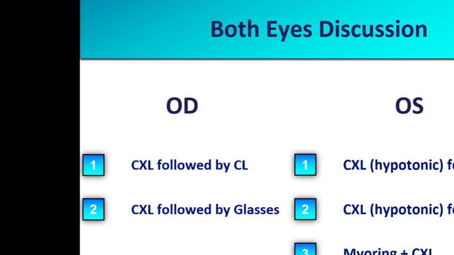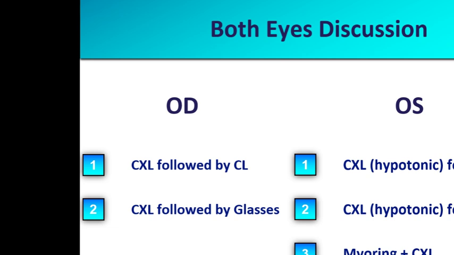Now, what is the hypotonic protocol? You know hypotonic riboflavin. If we want to go for hypotonic protocol, it does not mean that we have to use the hypotonic riboflavin the whole surgery. No. We go, as usual, for example, 30 minutes of riboflavin, then you go for 5 minutes of hypotonic.